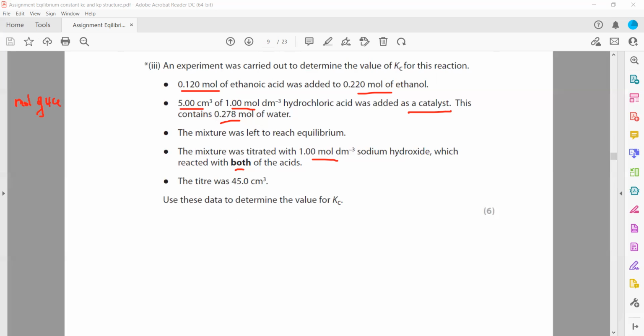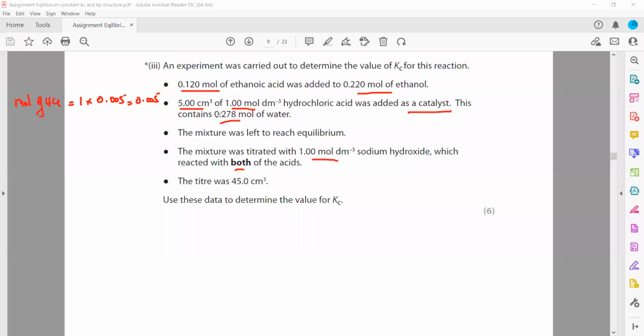The concentration of the hydrochloric acid is given as 1, and the volume is 5 cm cube, so we have to convert into decimeter cube. We divide by 1000, so it will be 1 times 5 divided by 1000.